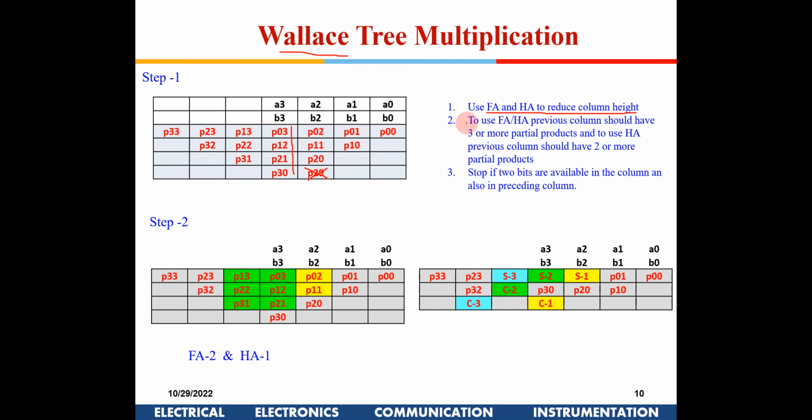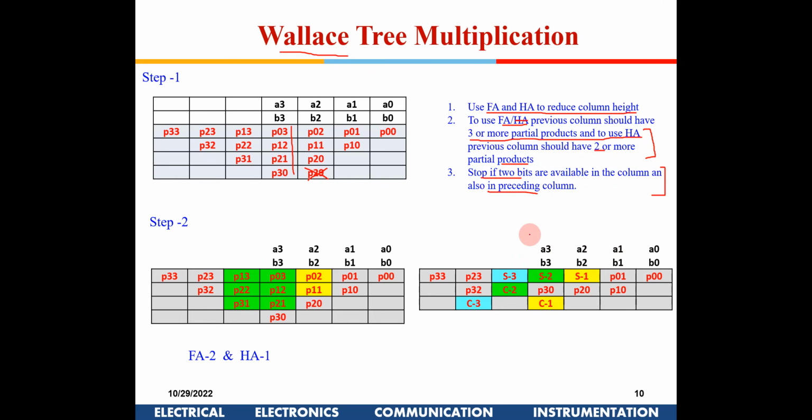To use a full adder, the previous column should have 3 or more partial products, and to use a half adder, the previous column should have 2 or more partial products. This is the second condition which he imposed. And stop when 2 bits are available in a particular column.